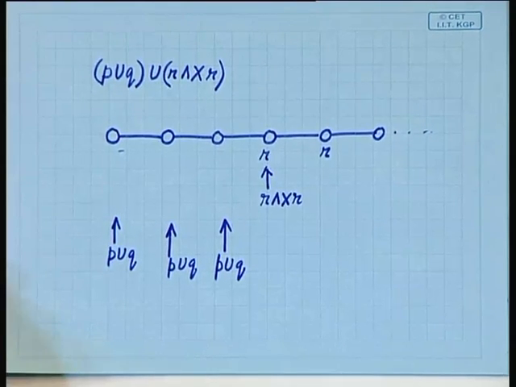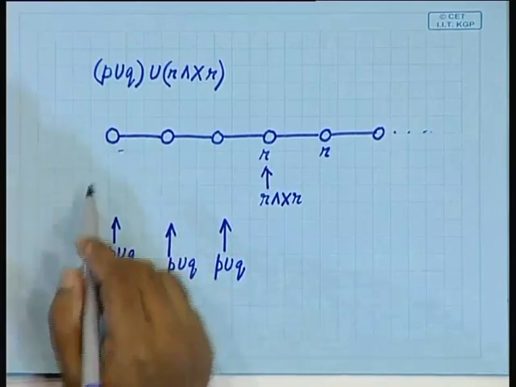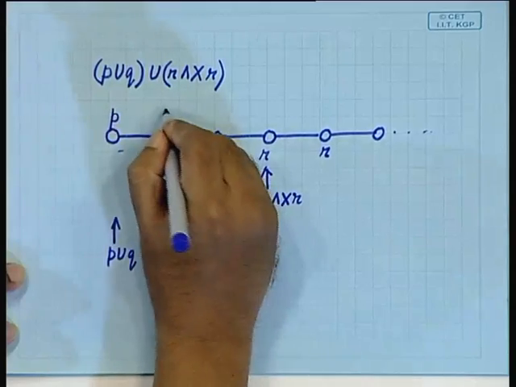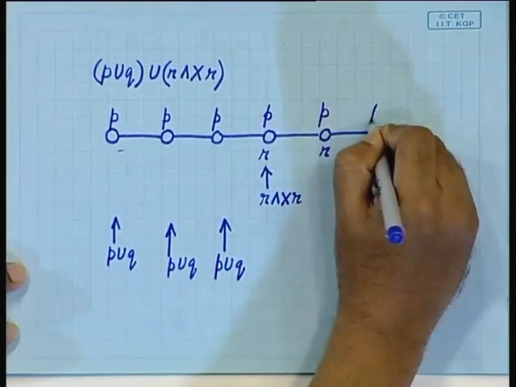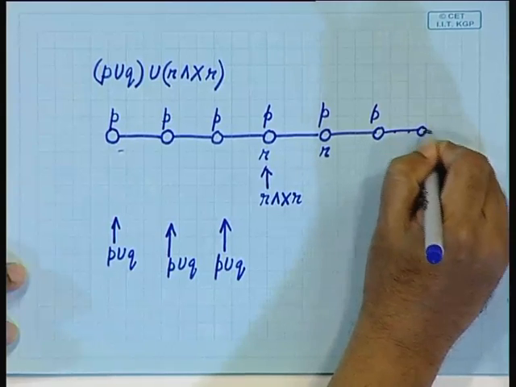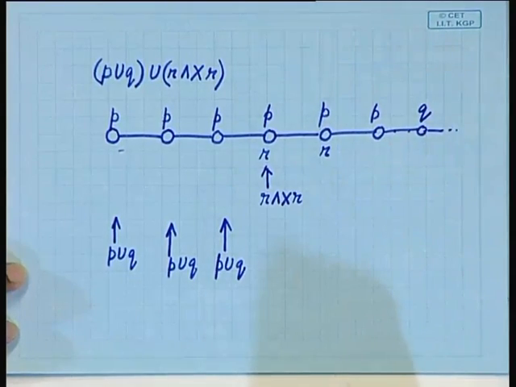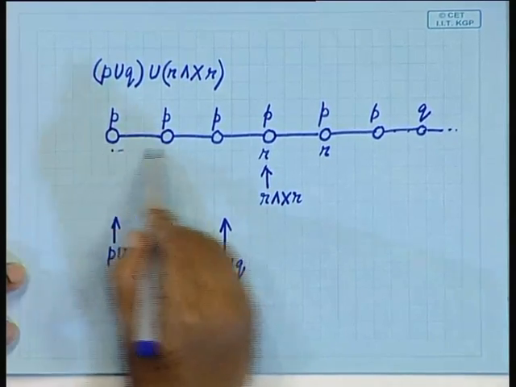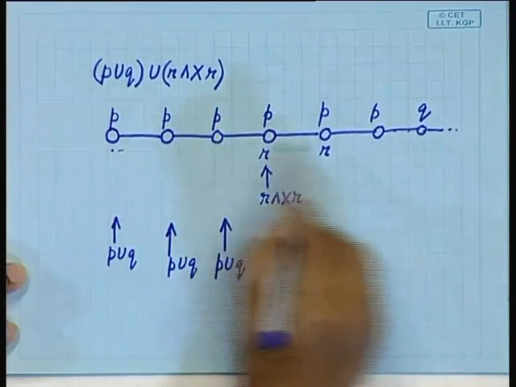But there is a possibility that the match of P until Q takes place much later, in the sense that we can have P here, P here, P here, P here, P here, and then we have Q here. Now, see what is happening. P until Q is true here because Q holds here and P is true all the time.